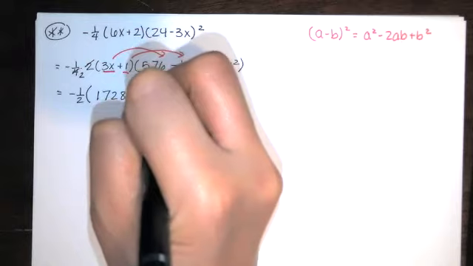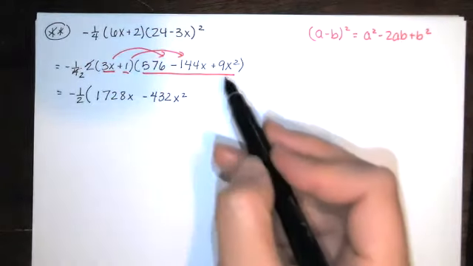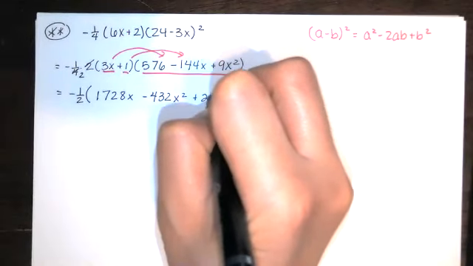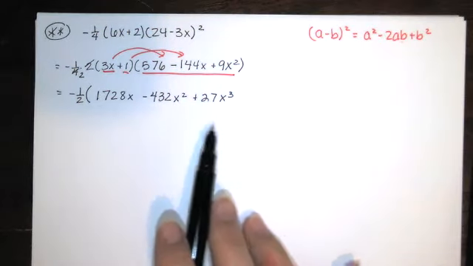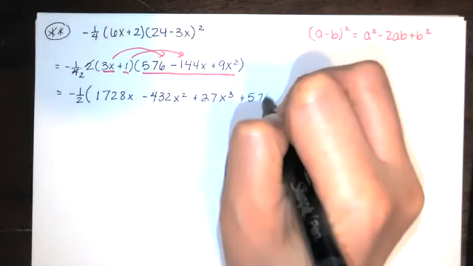That's negative 432. X times x is x squared. And then we have 3x times 9x squared. 3 times 9 is 27. X times x squared is x cubed. Okay, so that's right. And then we have 1 times all of that. So we just write that down again.